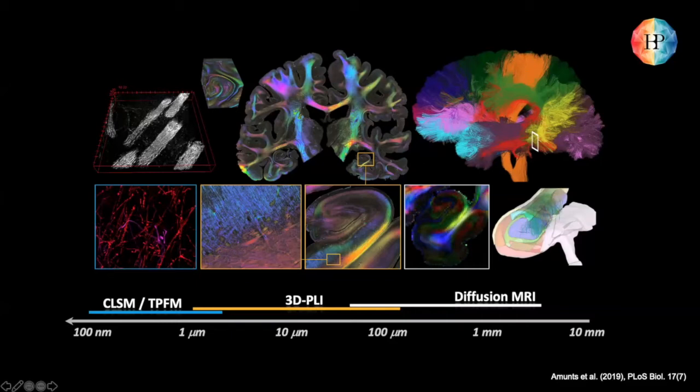And this is something we have started to study through the Human Brain Project, combining different groups from Neurospin doing the diffusion MRI, Jülich doing the PLI and SLI, and Lenz in Florence doing the 2-photon microscope. And this is what I'm going to present you now.